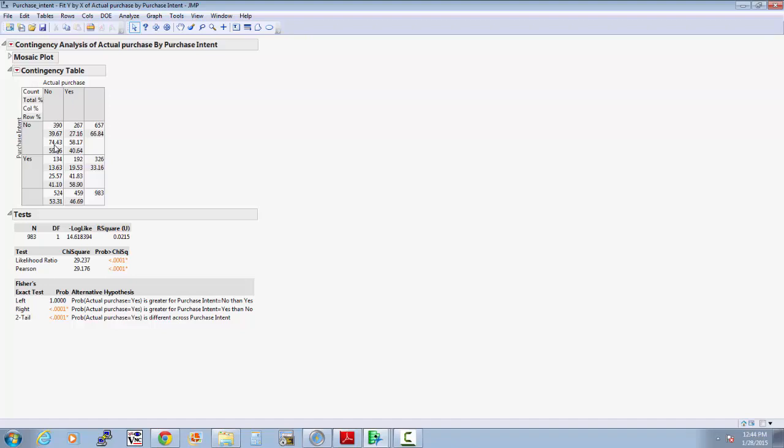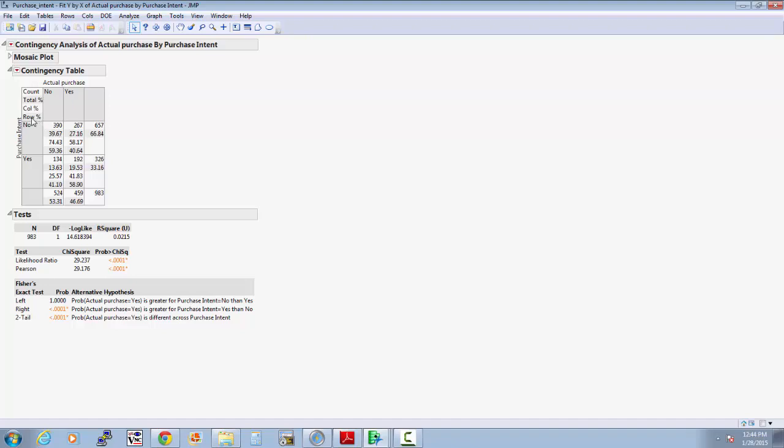So let's say the 74.43 there, that is obtained by taking 390 and dividing by 524. So 74% of the observations in this column, where actual purchase was no, lie in the no intent to purchase category.